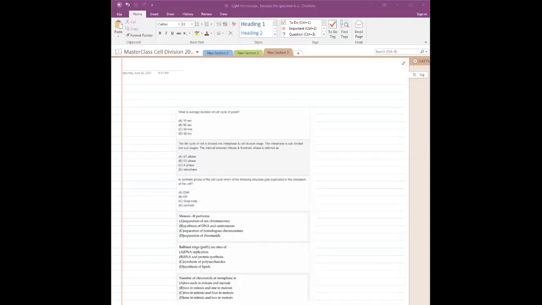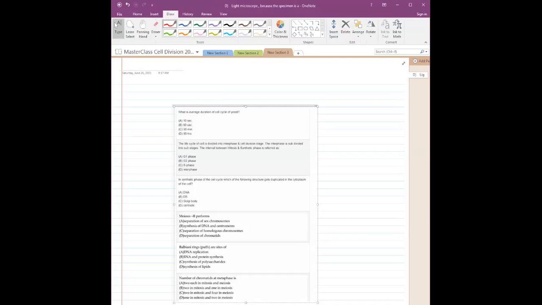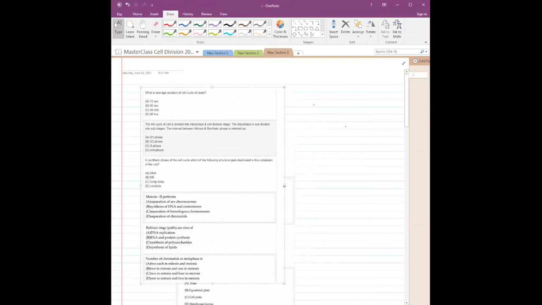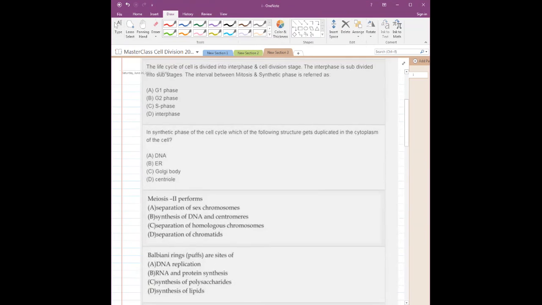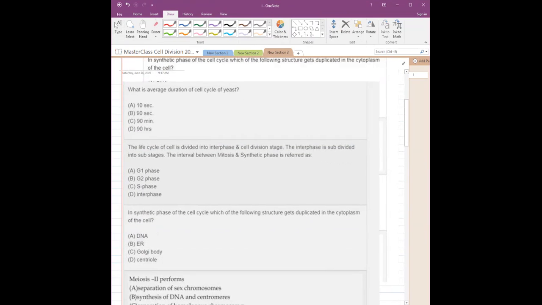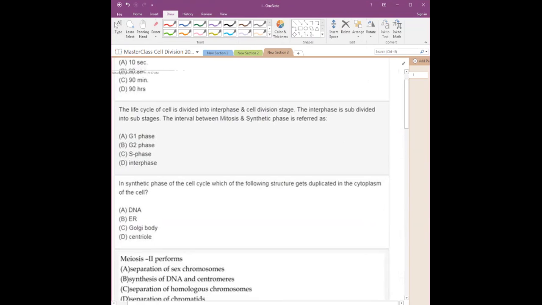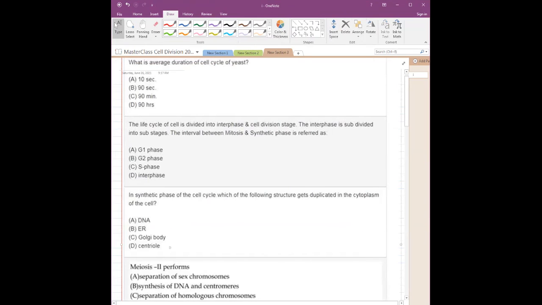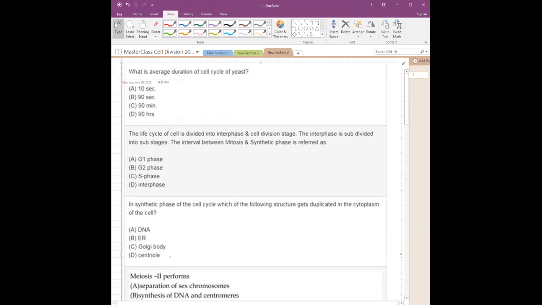Okay, chalo. So, guys, once again, we are in OneNote. Let me just zoom. Just let me know, guys, you can see this thing properly, right? Everybody? Yes. Okay, chalo.